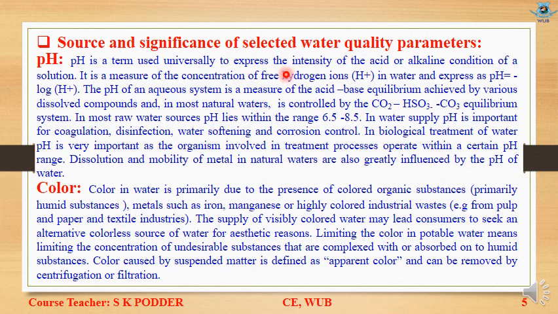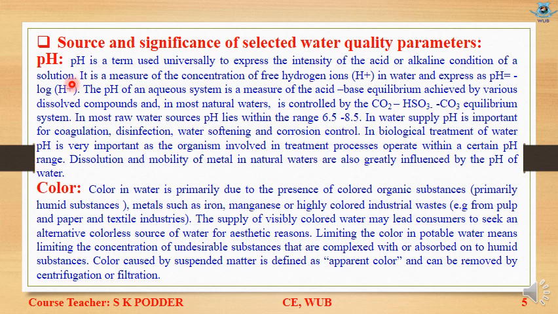Let's see first of all pH. What do we mean by pH? pH is a term used universally to express the intensity of acid or alkaline condition of a solution. That means if we provide a solution of water, you have to find out whether it is alkaline or acidic.